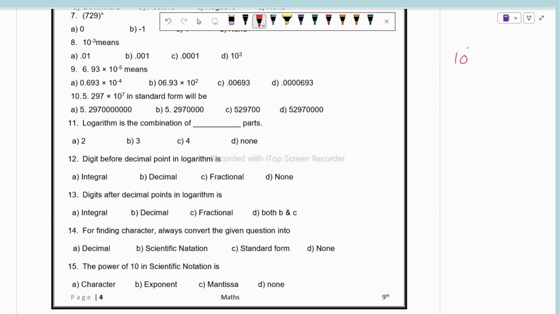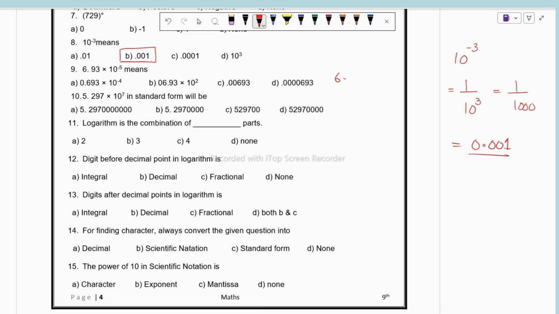When the exponent is negative, it will become 1 over 10 raised to the power 3, so 1 over 1000, and the answer will be 0.001. So option B is correct here.